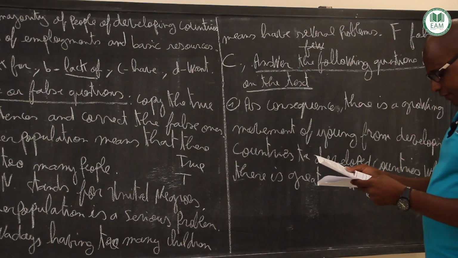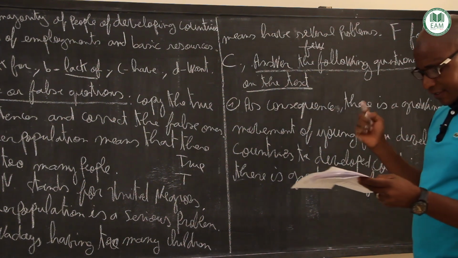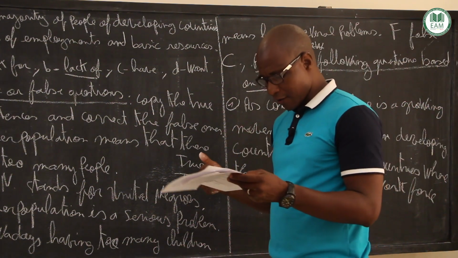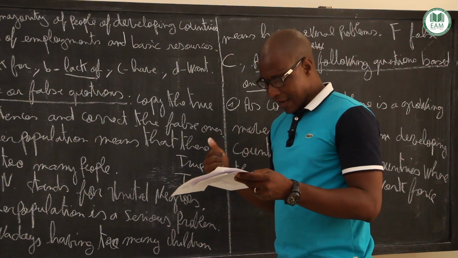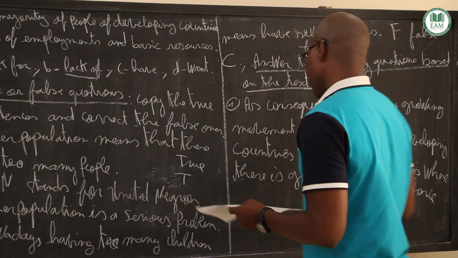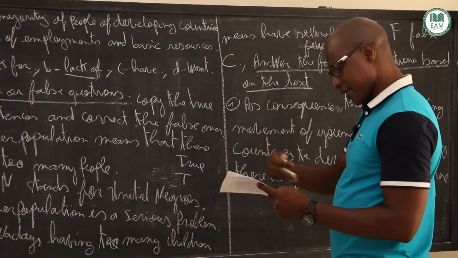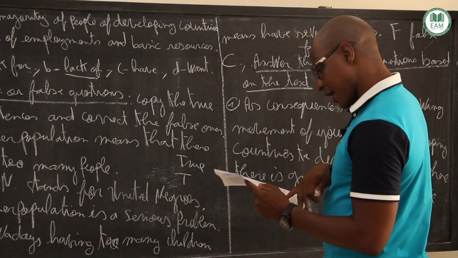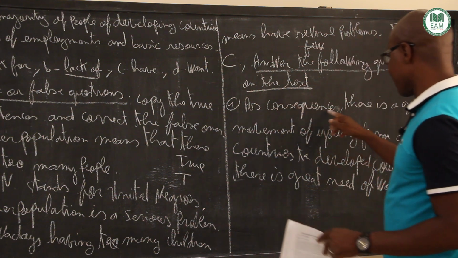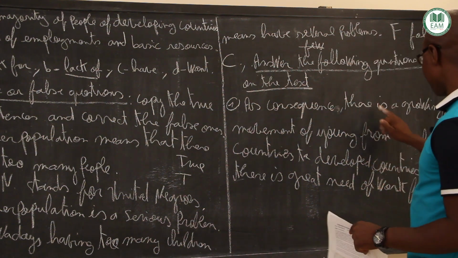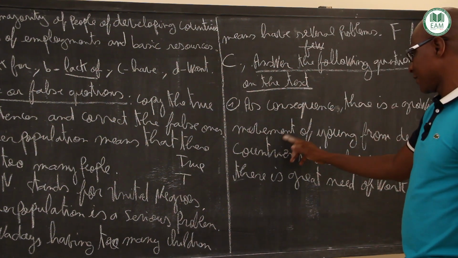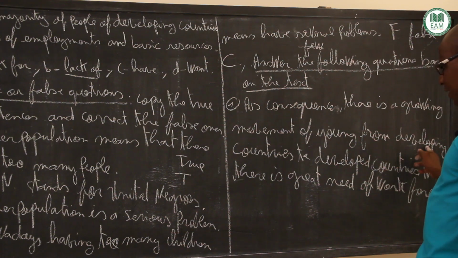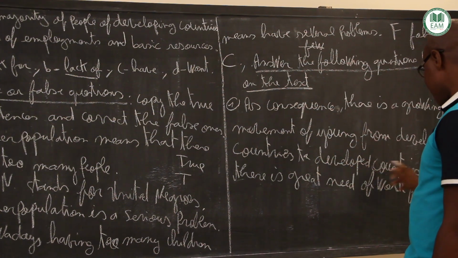Question number one is, what is consequence of the lack of employment and basic resources? If you try to see in the text, the second paragraph, 4 lines, we see a consequence. As consequence, there is a growing movement of young from developing country to developed country.